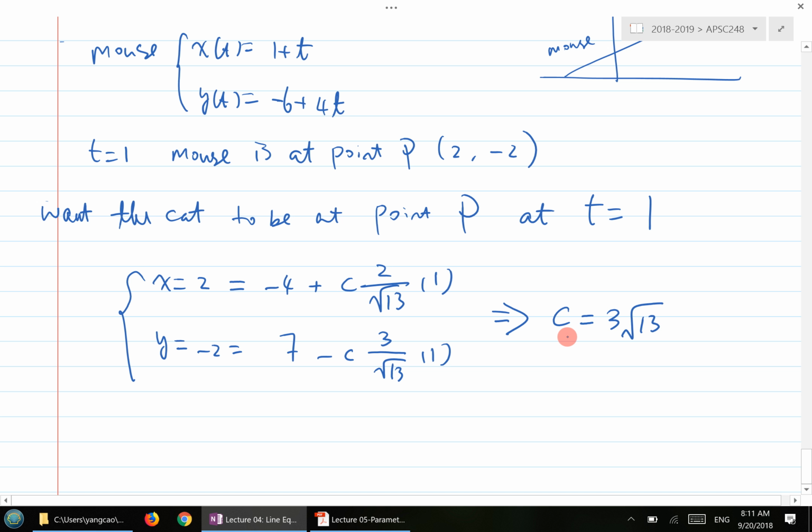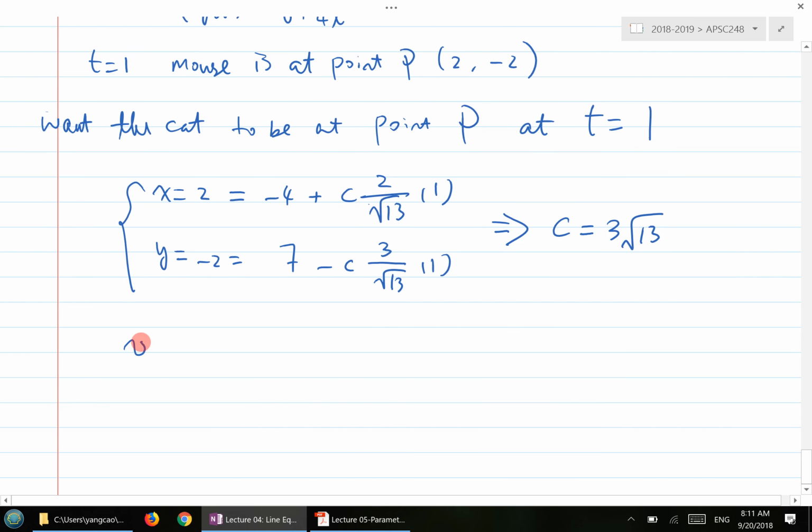So the c value here is essentially what you multiply back in here. That's your new velocity vector or parallel vector for the cat's motion here. So now you can see your new velocity or parallel vector is 3 root 13 times 2 over root 13, which gives you a 6. 3 root 13 times 3 over this, and there's a negative sign here, so -9, and the z value is 0.